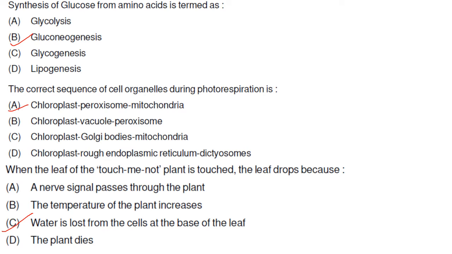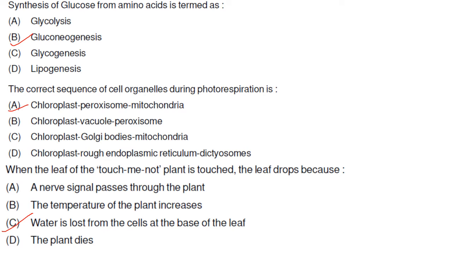Synthesis of glucose from amino acids is termed as. So when glycogen stores are depleted and glucose is required by the body, the liver initiates the production of glucose from amino acids, lactate and glycerol in a process called gluconeogenesis. Answer is option B.